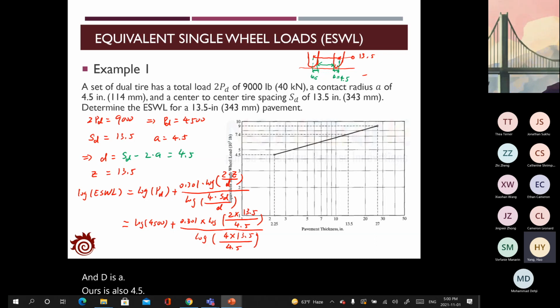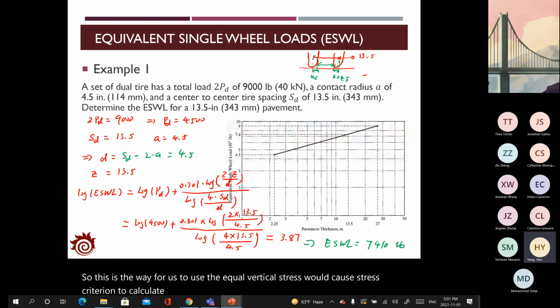And with that, you can find out the log ESWL as 3.87, and then you can get the value of ESWL as 7,410 pounds. So this is the way for us to use the equal vertical stress criterion to calculate the ESWL at any thickness of the pavement structure.